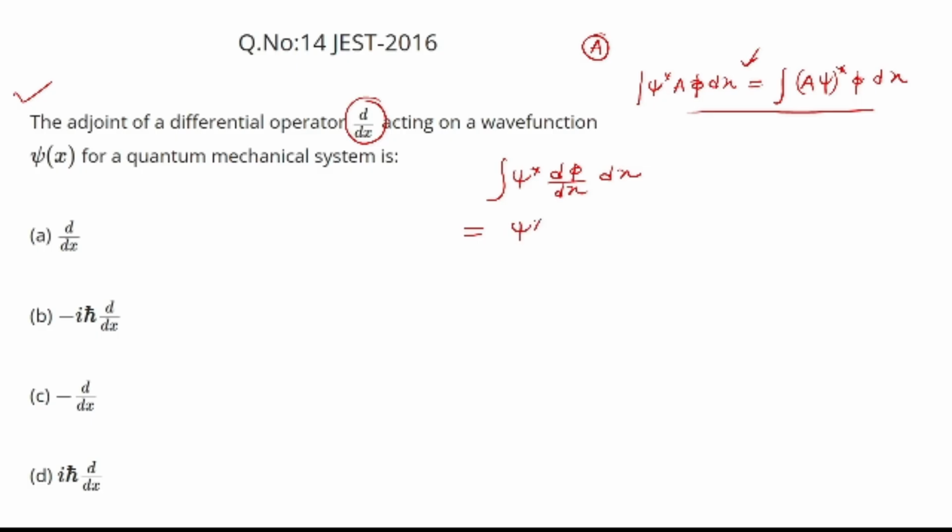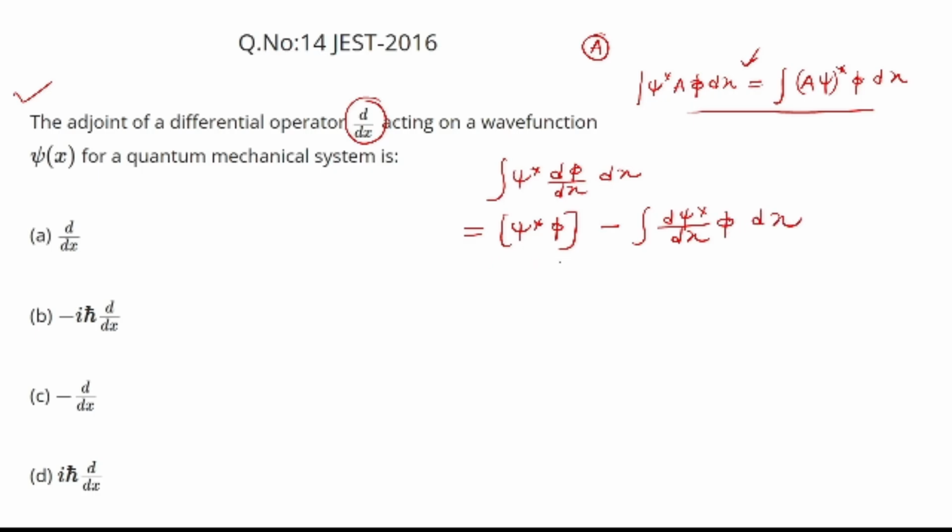So psi star phi with the limits, then a negative sign, then the integral of psi star, so it will be the first derivative of psi star, d psi star/dx, into the integral of it, which will be phi again, then dx.